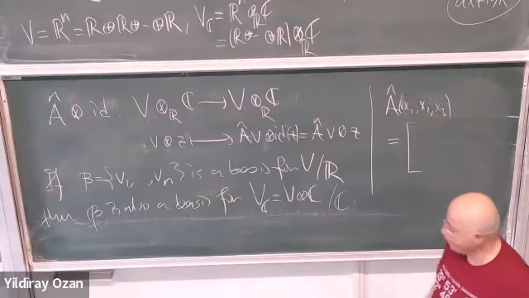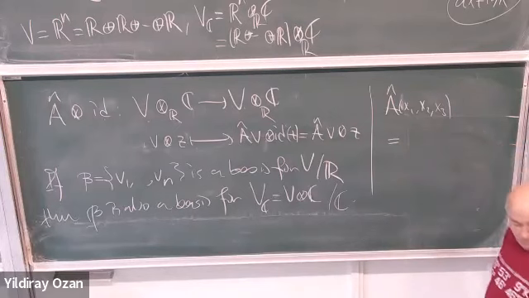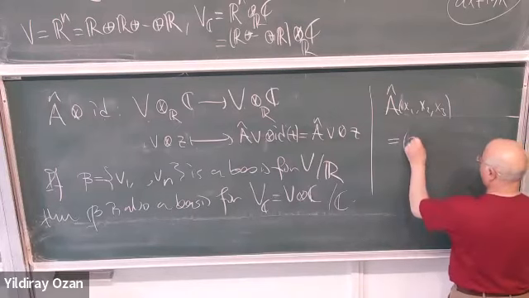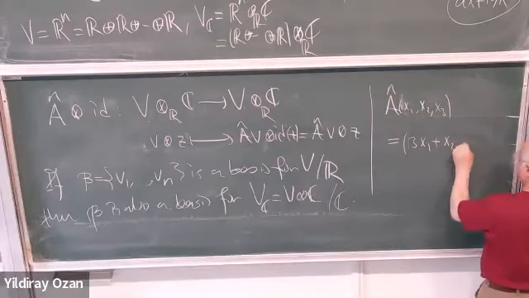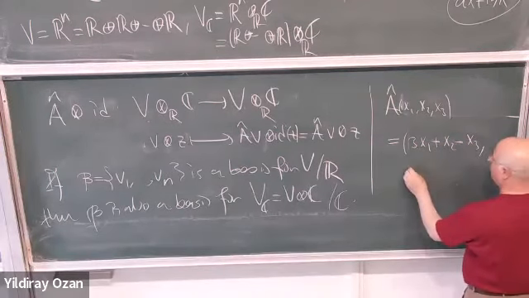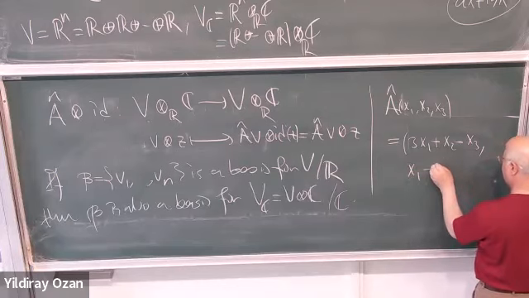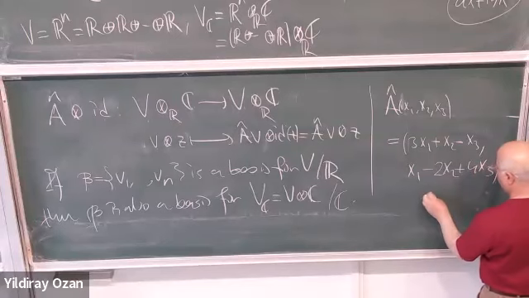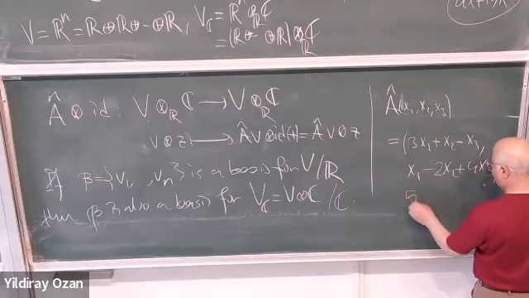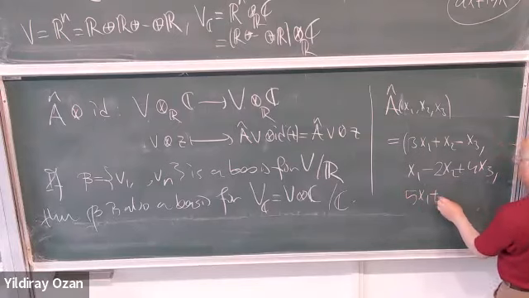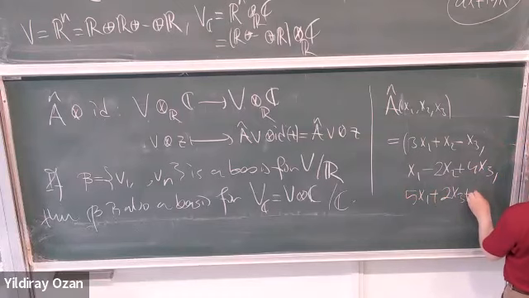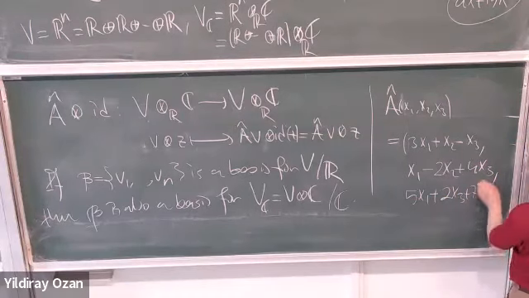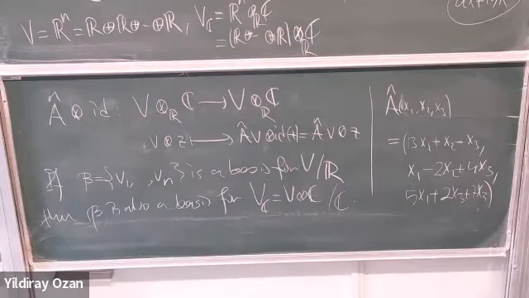Ya da şöyle bir atıyorum: 3x1 artı x2 eksi x3, x1 eksi 2x2 artı 4x3 ve 5x1 plus 2x2 plus 7x3. Okay.